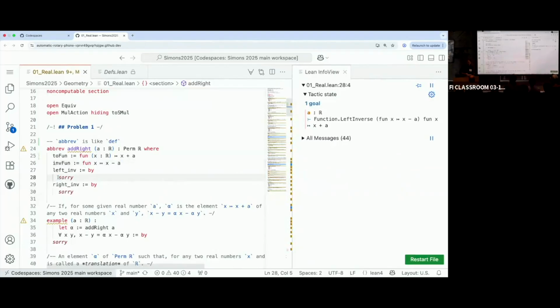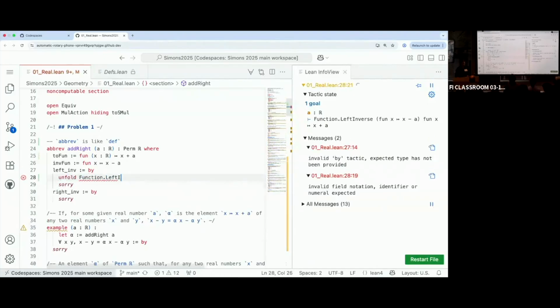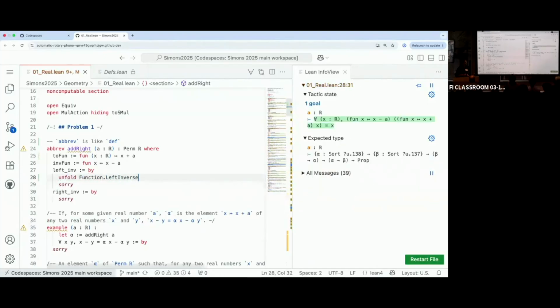So yesterday, I think Alex and maybe also Antoine explained the use of this unfold tactic for a definition you haven't seen before. We haven't seen this Function.LeftInverse definition before, even though we can maybe guess what it is. So I might like to write unfold Function.LeftInverse to see what I'm playing with.